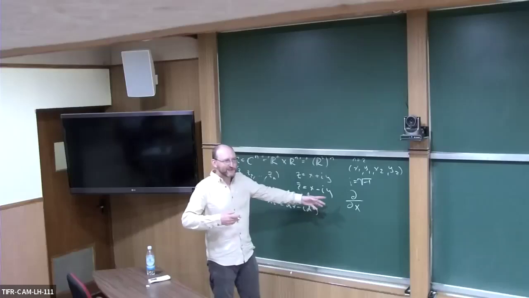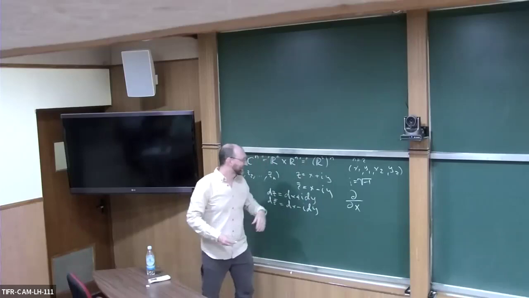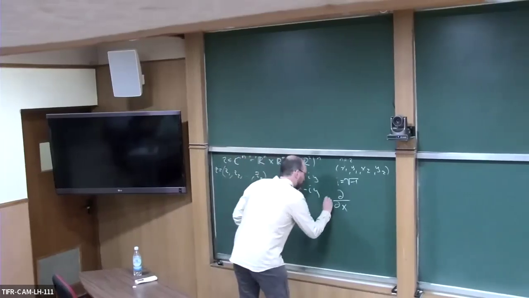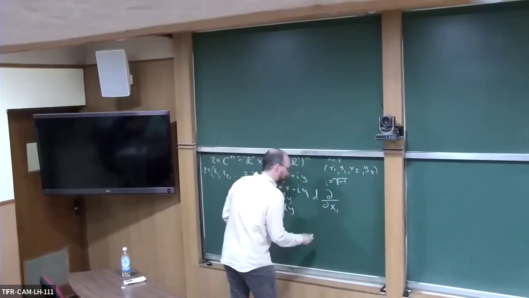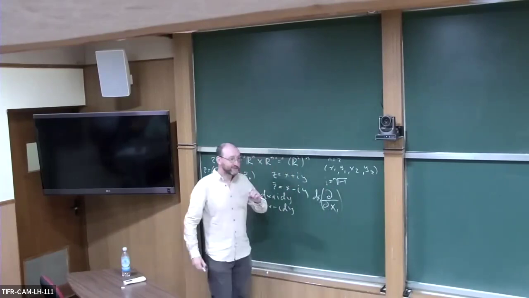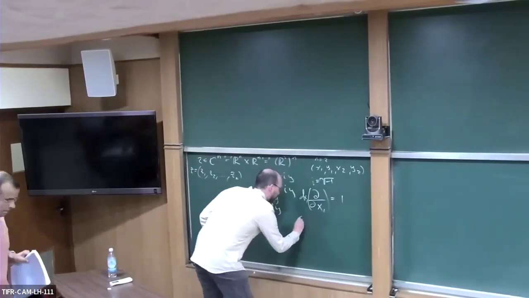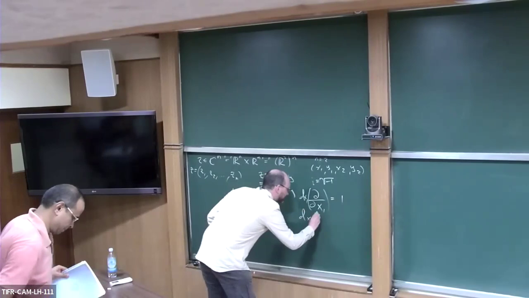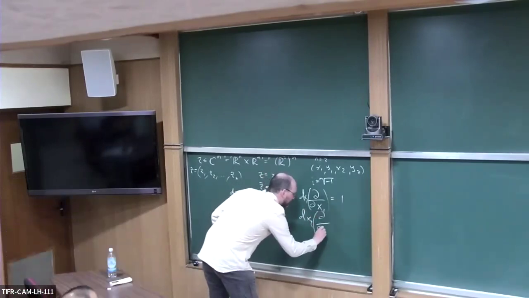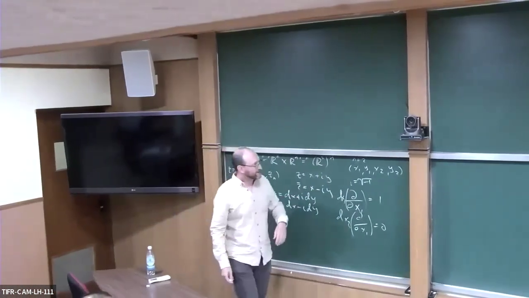Let me write it in the functional notation, even though it's a little weird sometimes. A lot of times you write it with brackets, but let me write it in the functional notation. So if I have, let's say, dx1, right? If I plug this vector into this one form, I'm supposed to get 1. If I do, let's say, dx2, plug in dx1, I'm supposed to get 0. Right? It's supposed to be the dual basis.